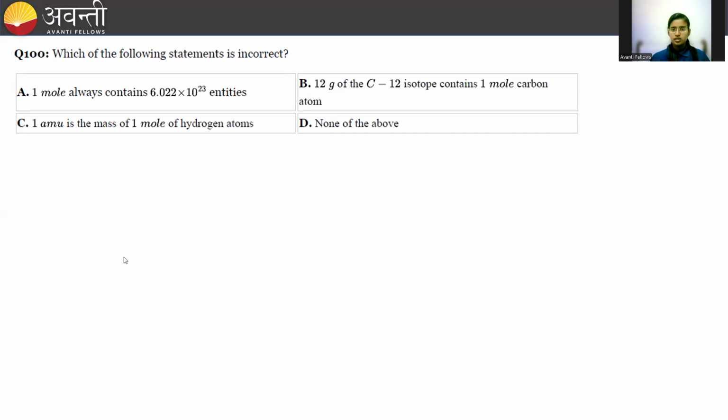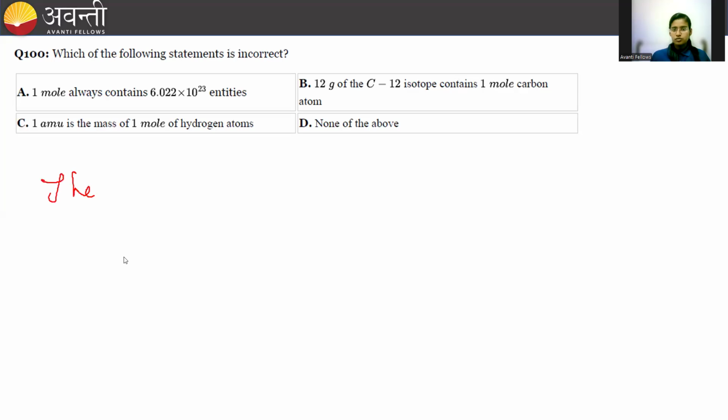That is also correct. And in option C, we have 1 AMU is the mass of 1 mole of hydrogen atom. Okay. The mass of 1 mole of hydrogen atoms is 1 gram, right? Not 1 AMU.